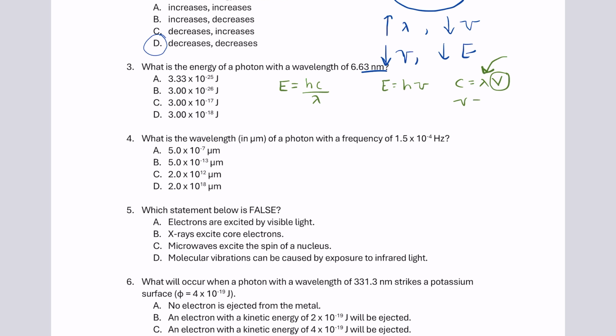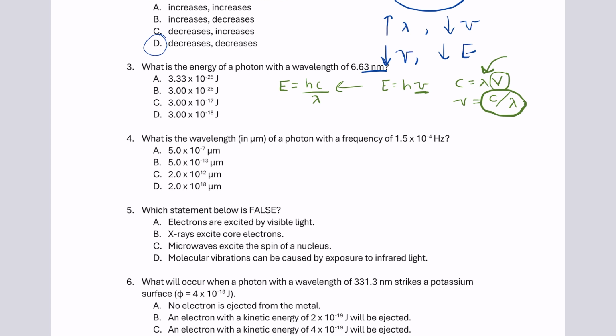This gives us that frequency is equal to the speed of light divided by wavelength. We take this definition of frequency and we replace the frequency term in our energy equation with it. And that gives us energy is equal to Planck's constant multiplied by the speed of light divided by wavelength.